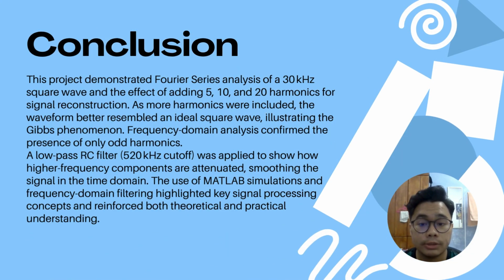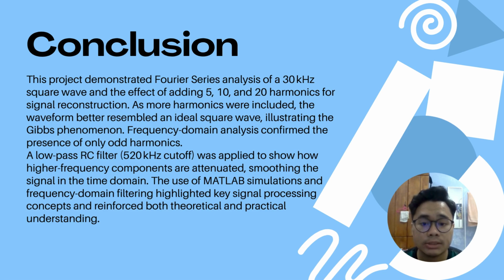So, in conclusion, this project demonstrated Fourier series analysis of a 30 kHz square wave and the effect of adding 5, 10, and 20 harmonics for signal reconstruction. As more harmonics were included, the waveform better resembled an ideal square wave, illustrating the Gibbs phenomenon. Frequency domain analysis confirmed the presence of only odd harmonics.